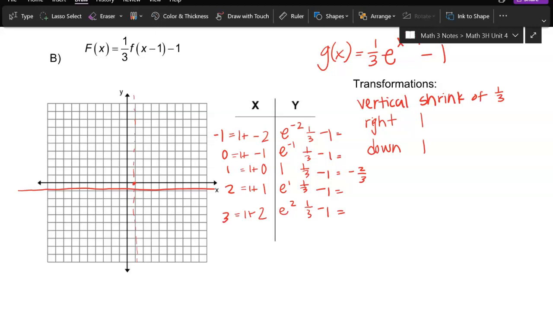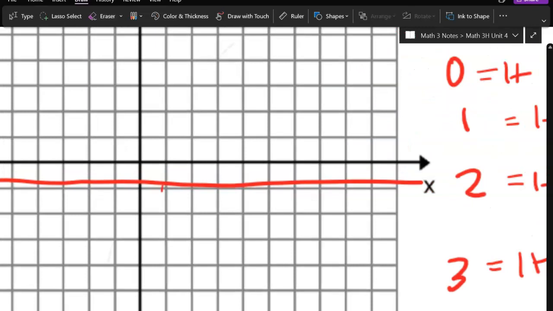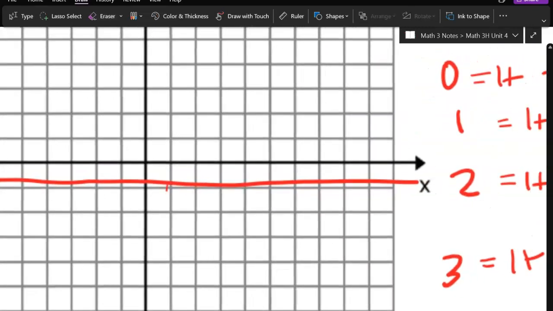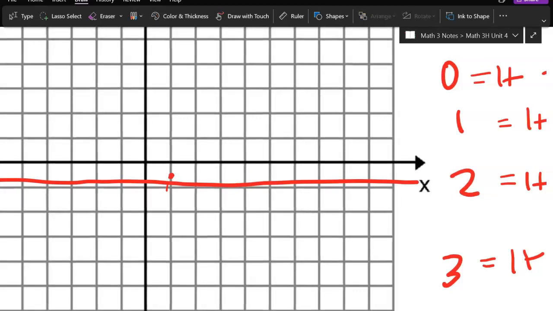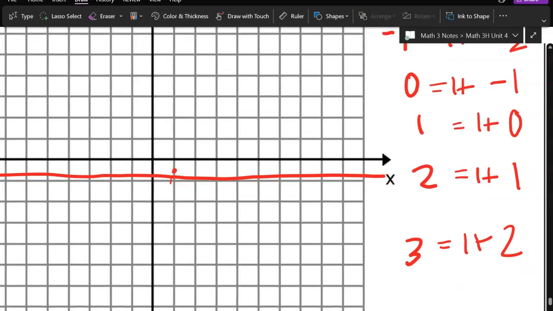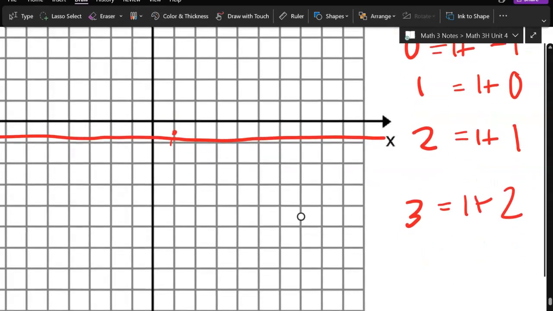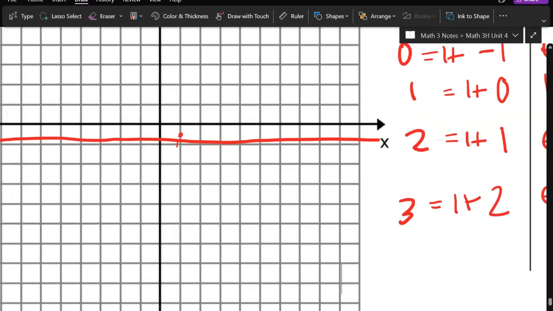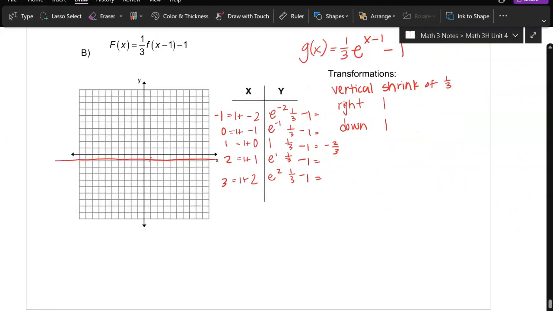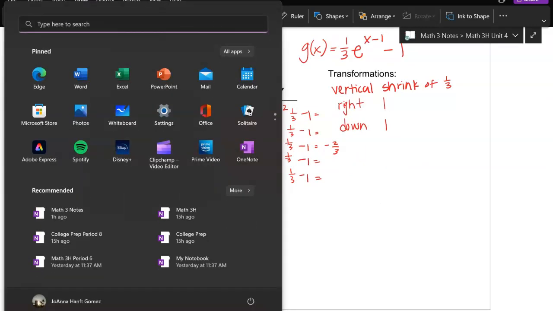So we're going to be close to, I'm going to erase those so we can see our points here. Close to the line here. All right, and then our other points. So let's do e to the 1 times 1/3 minus 1.